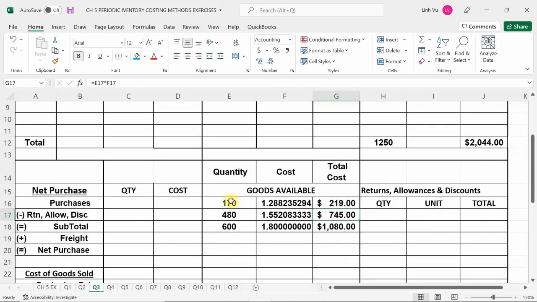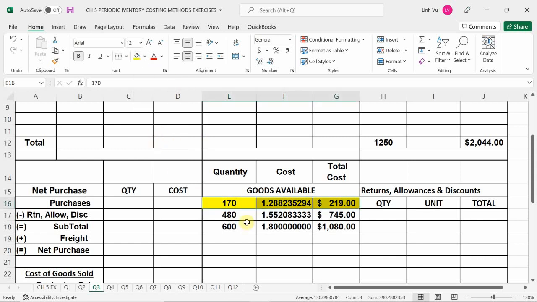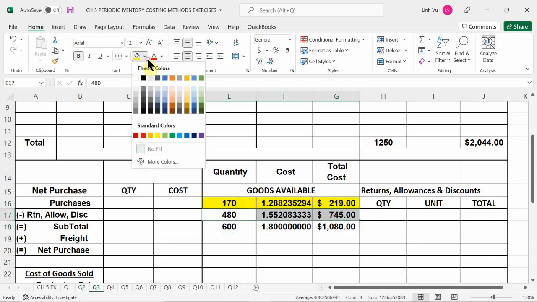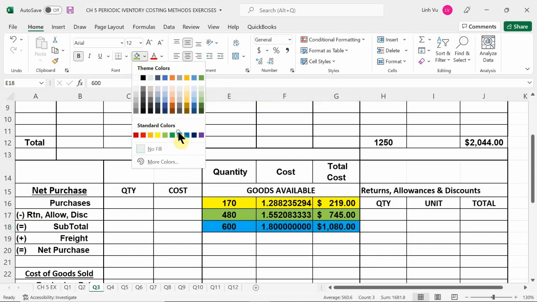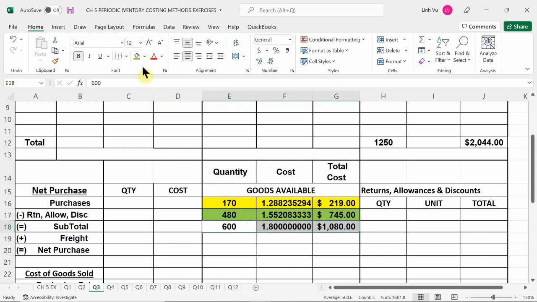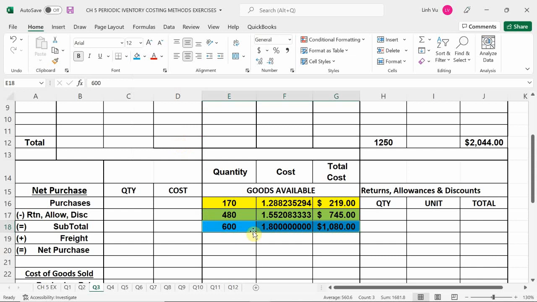All right, so I have to color code these as well. So what we're going to do now is take a look at my scenario here, so we can proceed with our purchases as well as our returns, and the batches of inventory that we need to purchase.